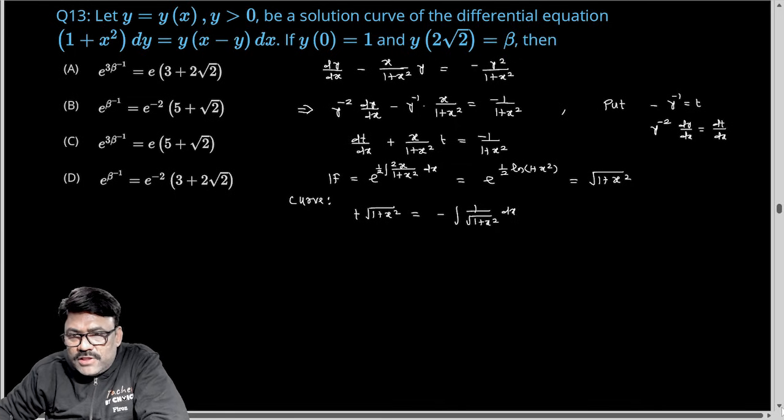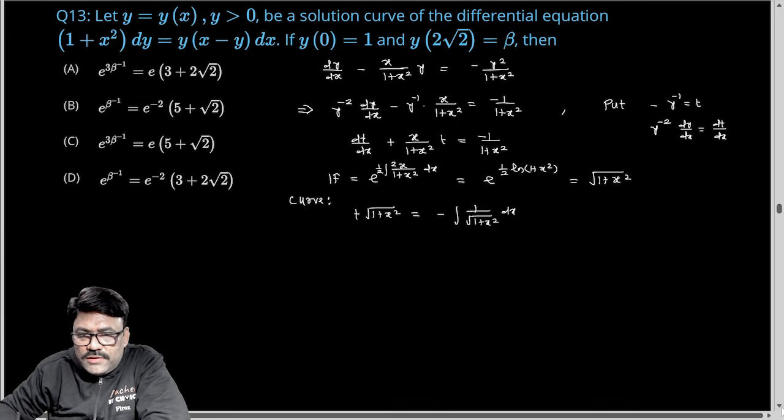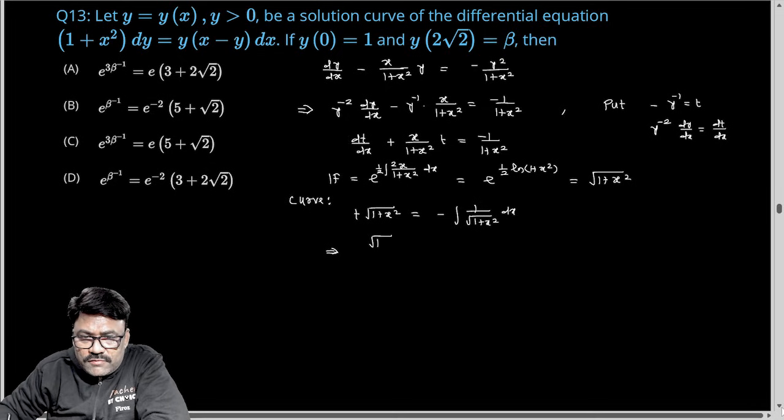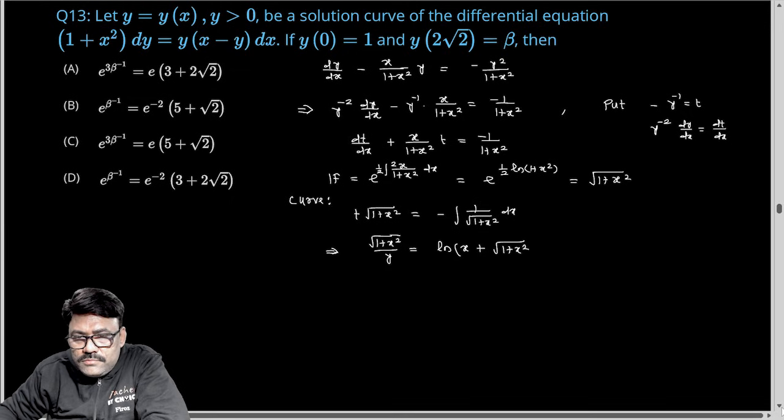Now just substitute the value of t here. t is minus 1 over y, so the minus signs disappear from both sides. So you are getting under root 1 plus x square by y. On the right side, the integration of dx over under root 1 plus x square is log of x plus under root 1 plus x square, plus some constant c.